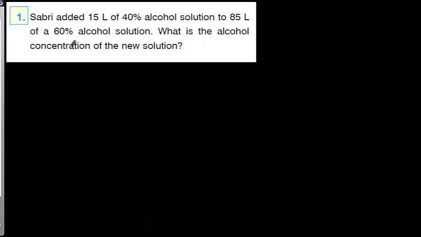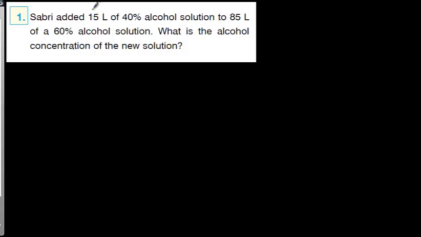Mixture problem. Sabri added 15 liters of a 40% alcohol solution to 85 liters of a 60% alcohol solution. What is the alcohol concentration of the new solution?